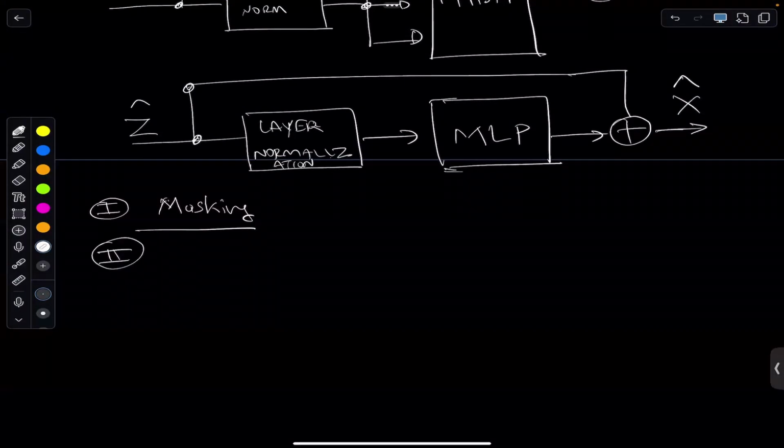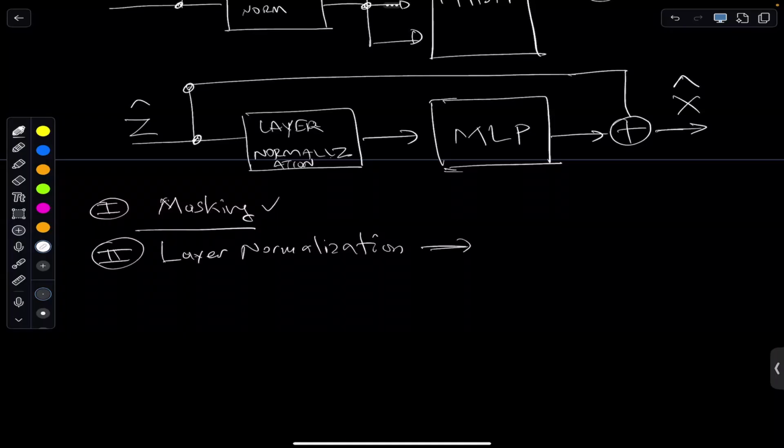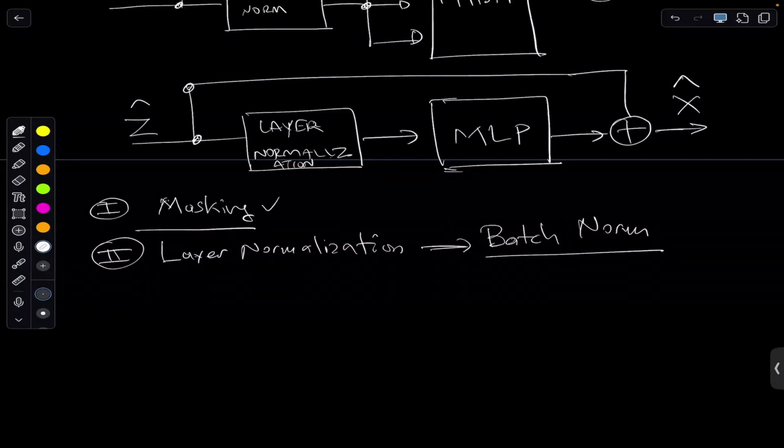So we looked at masking. We postponed the discussion about layer normalization. And this discussion is done in a bit more elaborate way in the batch normalization video that I have also linked below, and also in the actual implementation.